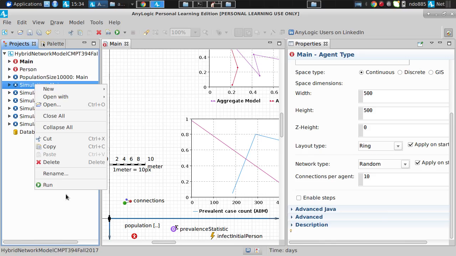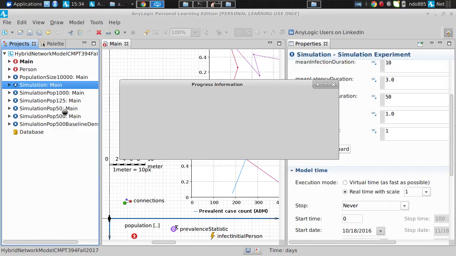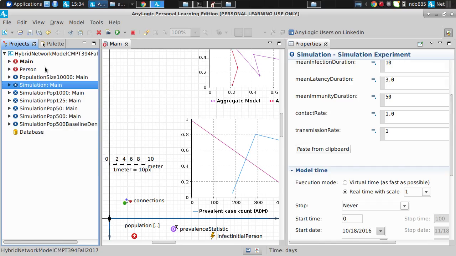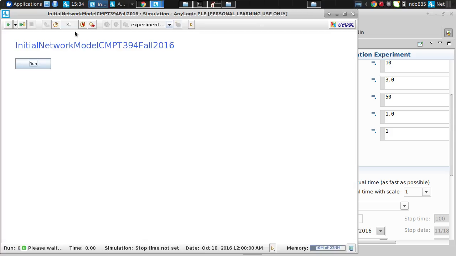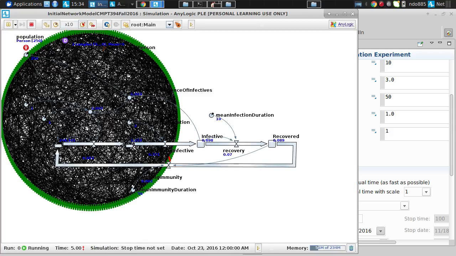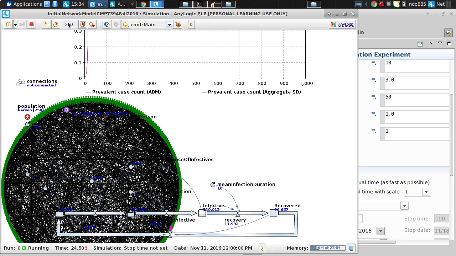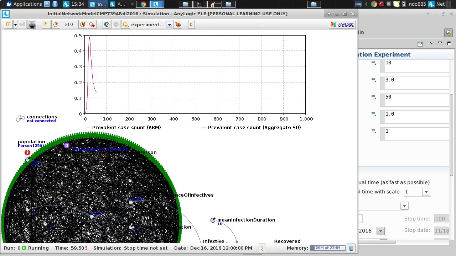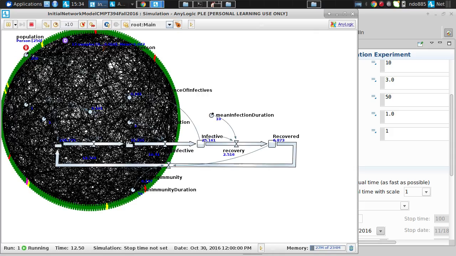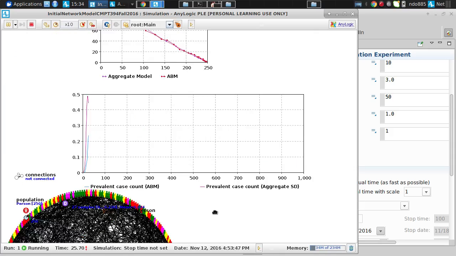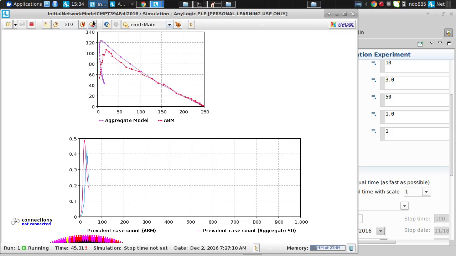How would that change things, if at all? It'll be closer to the aggregate model. And why is that? Good. I like your answer. Appreciate your thinking about it. Why is it closer? Will it prevent the early extinction issue? Probably. It will help a little bit, right? Because they're connected with a bunch more people. What are we seeing now?